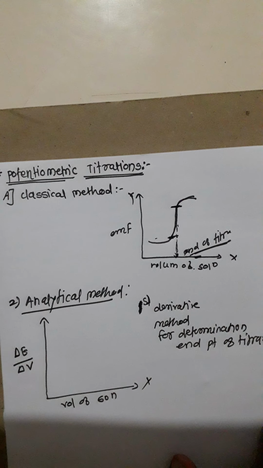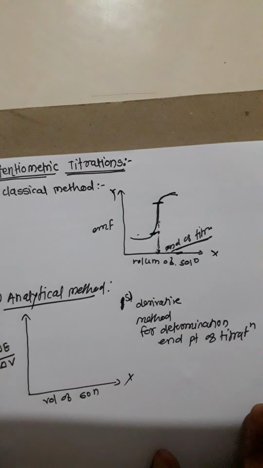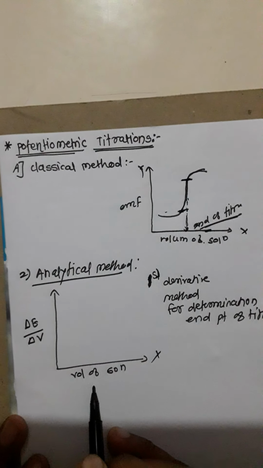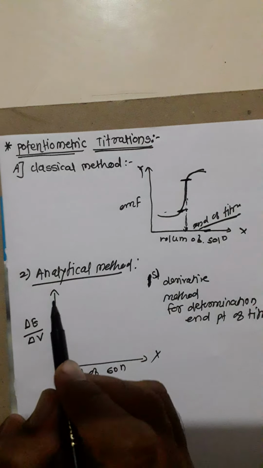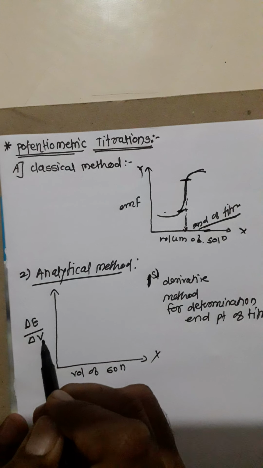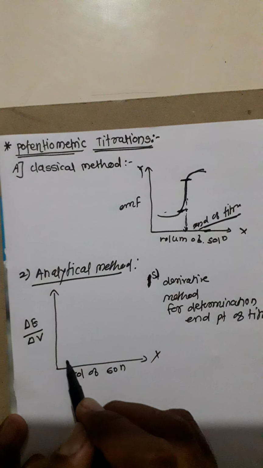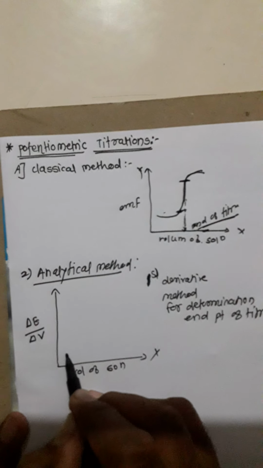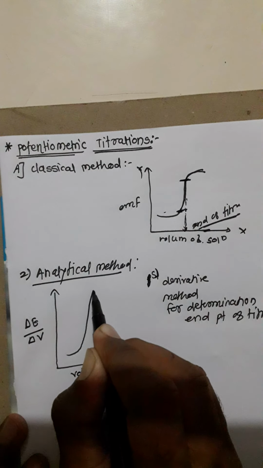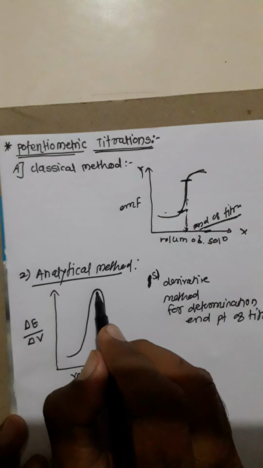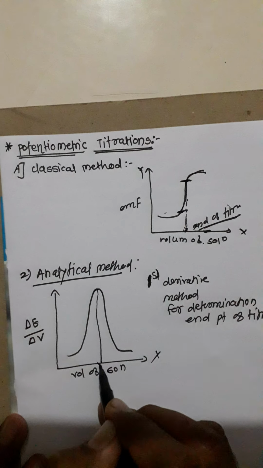In the analytical method, there are two methods. First is the first derivative method for determination of end point of titration. On the x-axis is the volume of solution and on the y-axis is delta E upon delta V. During the titration, whenever delta E upon delta V increases and after some time decreases again, this is the end point of titration.